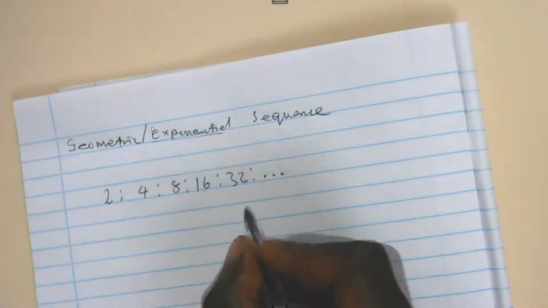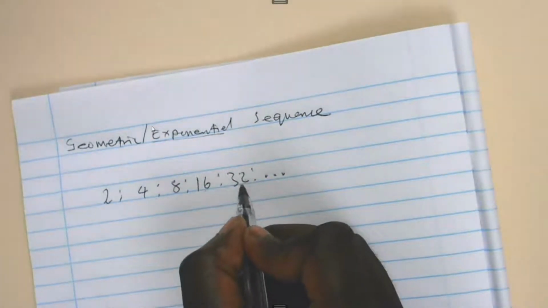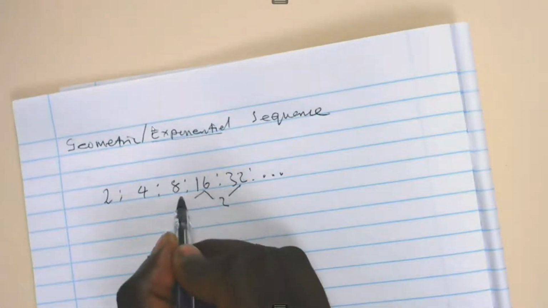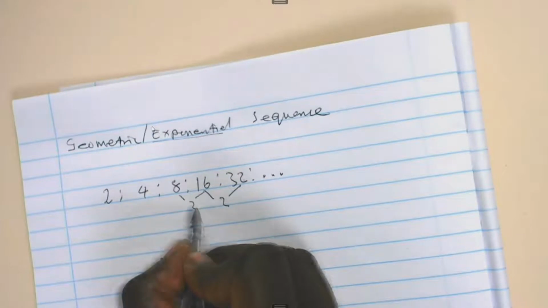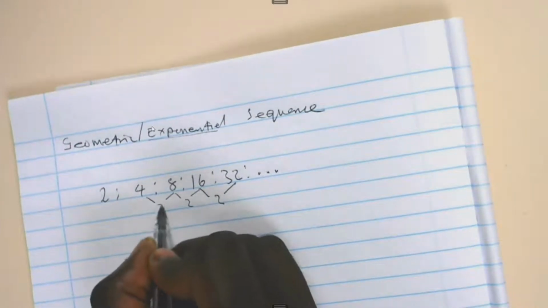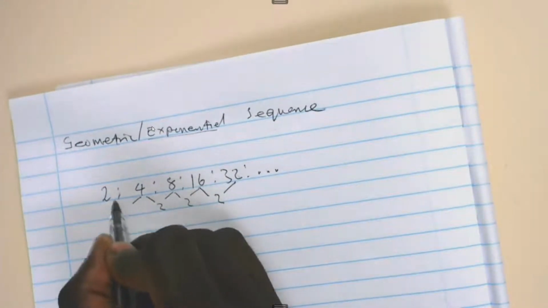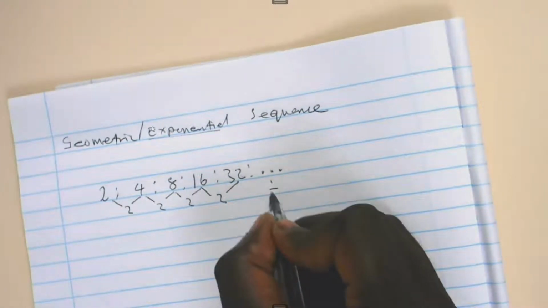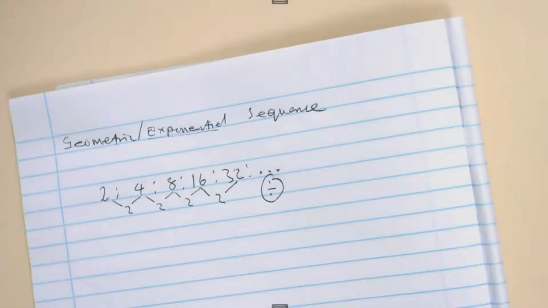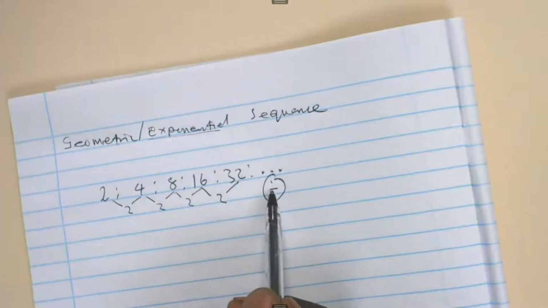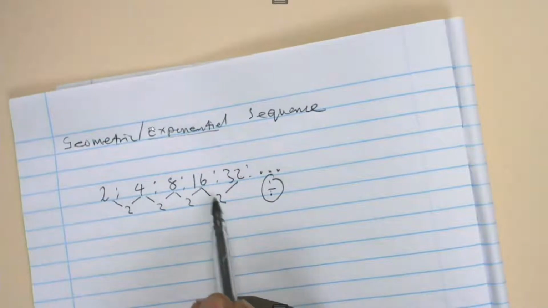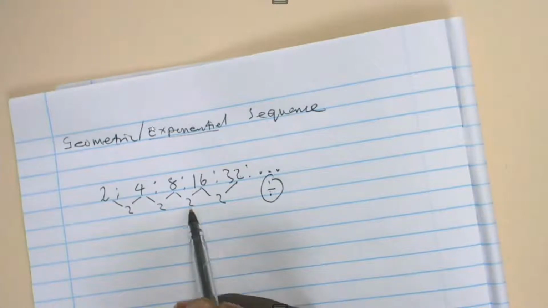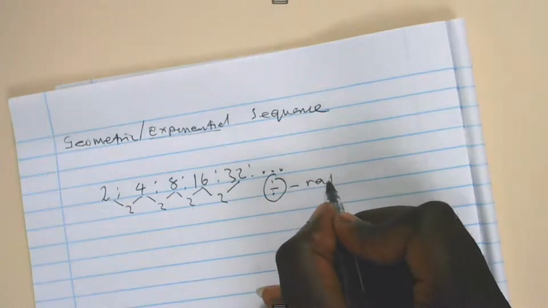But if we divide, 32 divided by 16 we have 2. 16 divided by 8 we also have 2. 8 divided by 4 we also have 2. 4 divided by 2, that is 2. Therefore we are talking about a ratio.